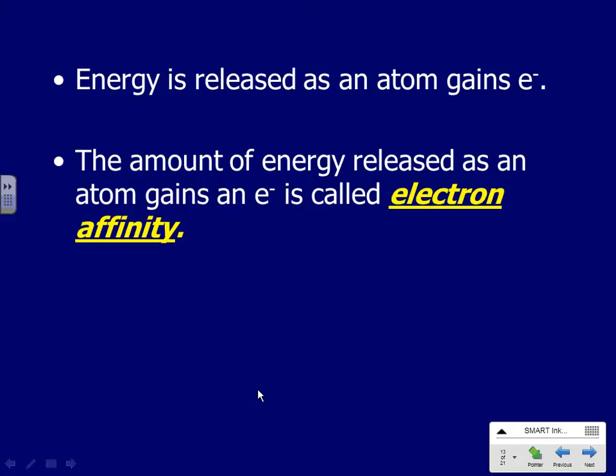So incoming electrons give energy off to the surroundings, just like if an asteroid were to crash into planet Earth, there'd be lots of energy input into the Earth system by the kinetic energy of that crashing asteroid. The kinetic energy of the crashing electron causes the atom to shake. It releases energy. It gives energy off. All right?